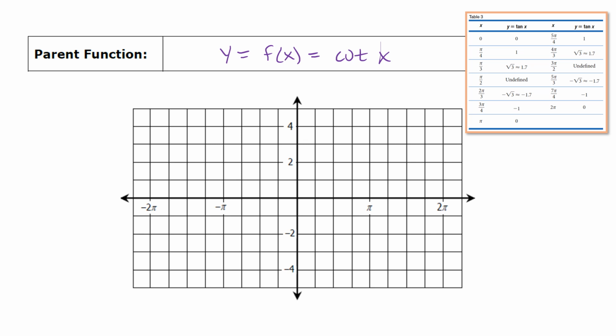And for sine over cosine, the only reason why we have undefined for tan is because we have 1 over 0. So if we were to take the reciprocal of that, 0 over 1, we would just get 0. So when we're trying to plot cotangent, wherever we see 0 for tan, it'll then be undefined. And wherever we see undefined, it's going to be 0.